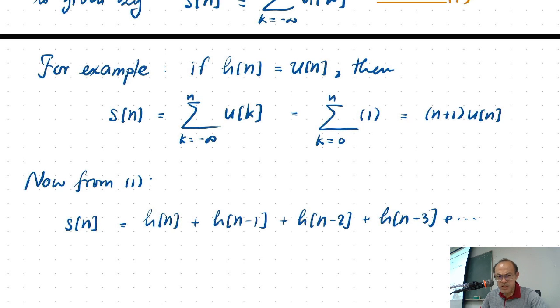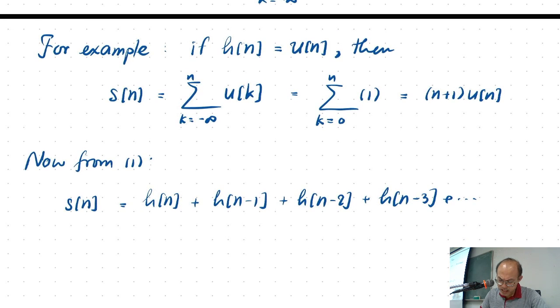Now let us plug in, instead of n, n minus 1 inside the brackets. I go from n to n minus 1.